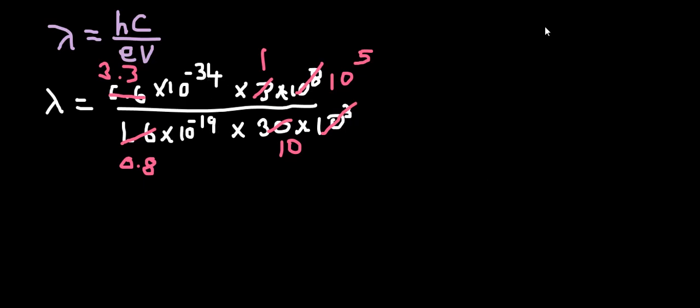So 34 minus 19, this is minus, and this is going to be plus. When you move it up, it becomes plus. When you multiply by 10 power 19 and divide by 10 power 19, they cancel, so I'm not showing that here.